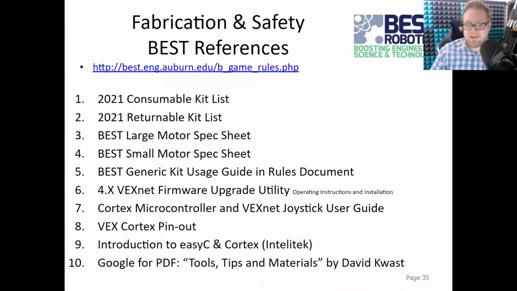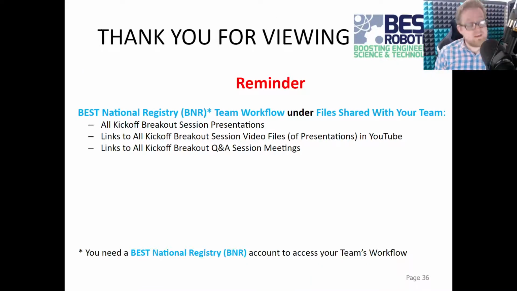You can also find additional information, including this presentation, this video, and all the other presentations and videos created for Kickoff as part of the BEST National Registry. So once again, you do need a BNR account to access all of that. However, they are great resources and definitely allow you to go over the things that were presented at Kickoff that you may have missed or want to reference again.